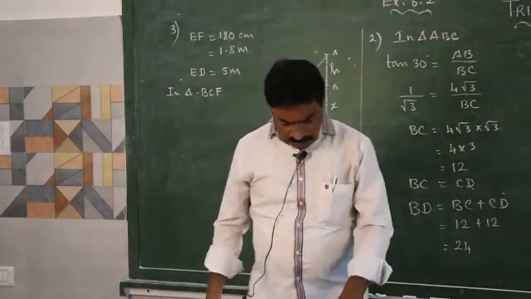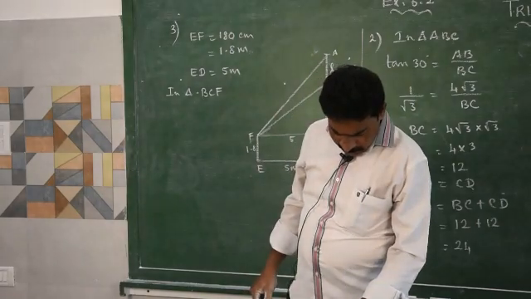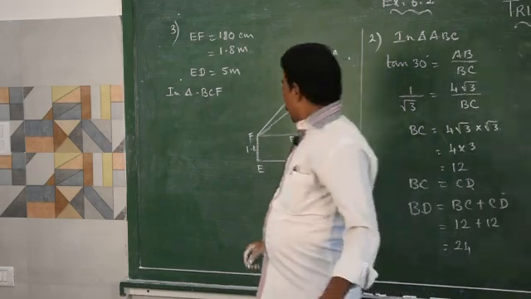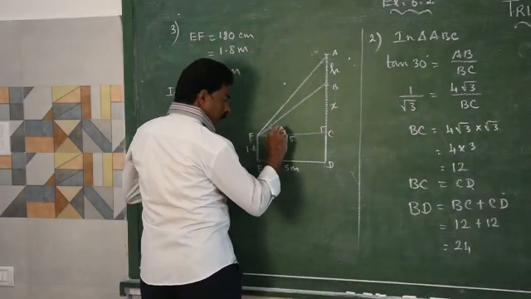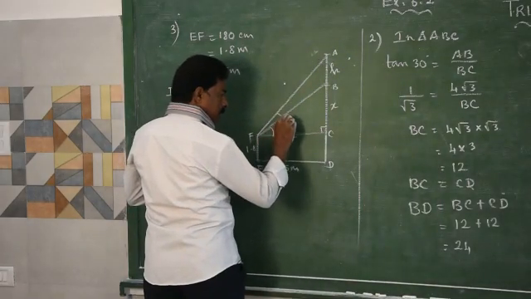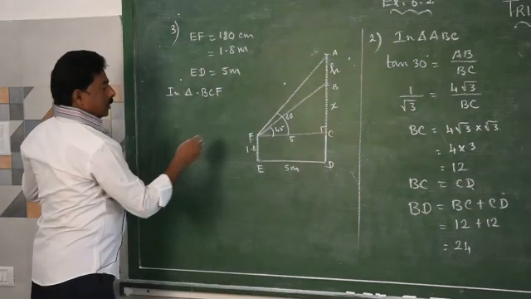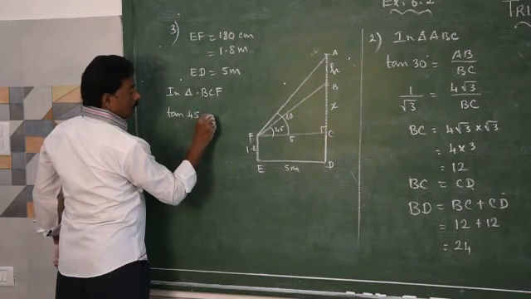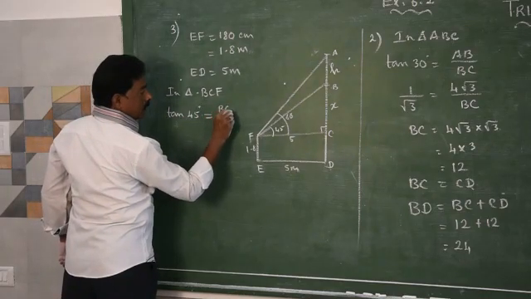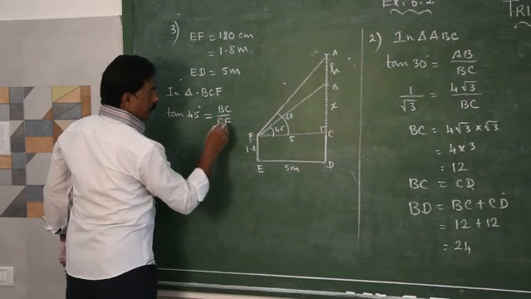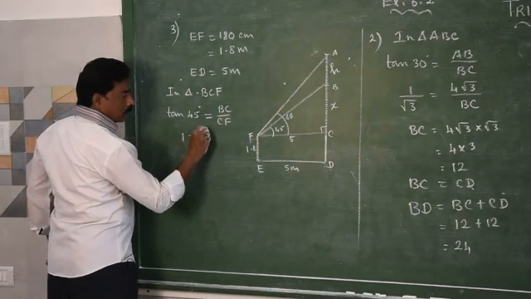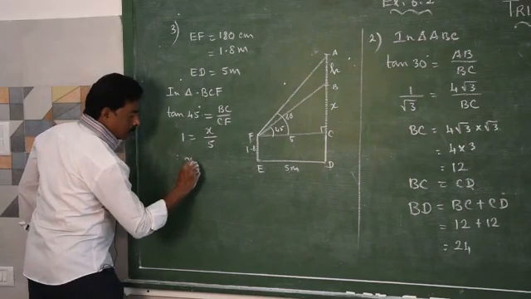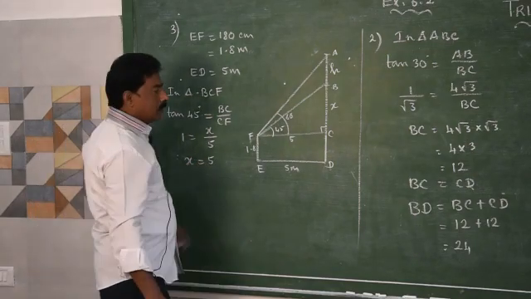The angles of elevation are 60 and 45. So, this is 45 at the bottom and the top is 60. Opposite, adjacent. So, tan 45 equals opposite BC by adjacent CF. Tan 45 is 1. X by 5. Cross multiply, therefore X is equal to 5.